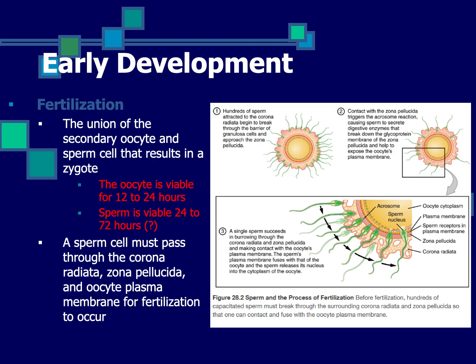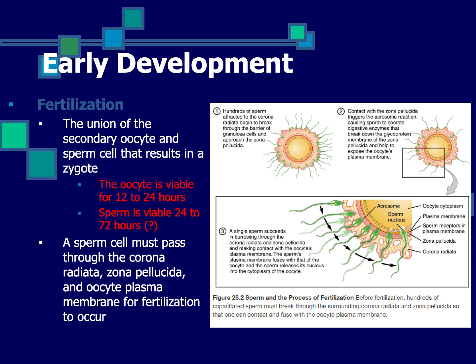Fertilization just means that the secondary oocyte and the sperm will fuse. For a pregnancy to occur, the oocyte can't be old, because it's moving down towards the uterus because of that current. And so the oocyte is viable for 12 to 24, 36 hours, something like that.